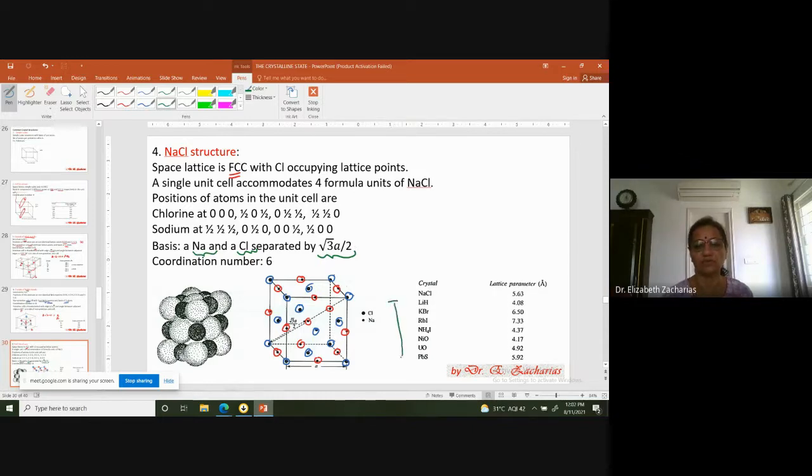This is your A. So identify one chlorine and one sodium separated by root 3A by 2. That is the basis. Can any of you do that?